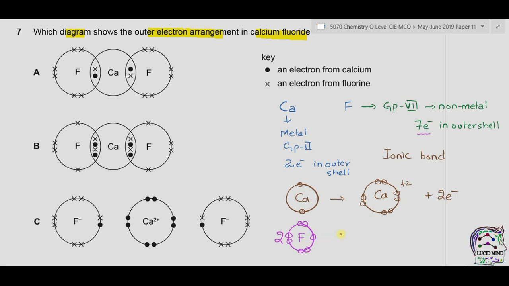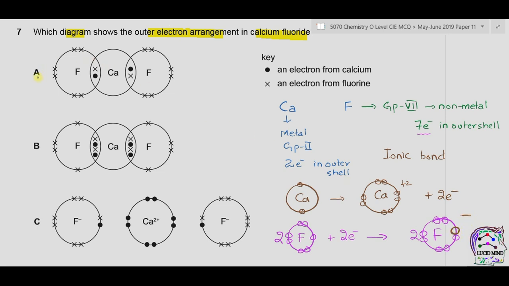There are 7 electrons in one fluorine atom, and each fluorine atom will gain 1 electron, so therefore for 2 fluorine atoms there will be 2 electrons gained to form 2 fluoride ions. The 8th electron will be of calcium. As fluorine has gained electrons, so therefore now it has become negatively charged.